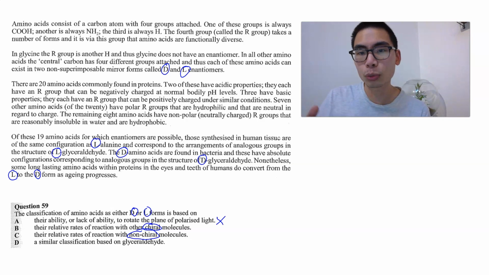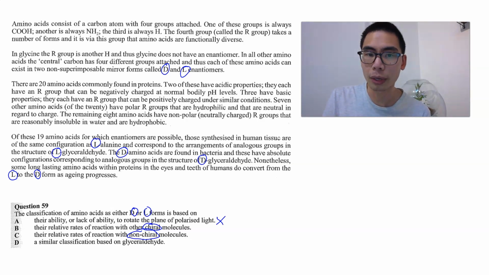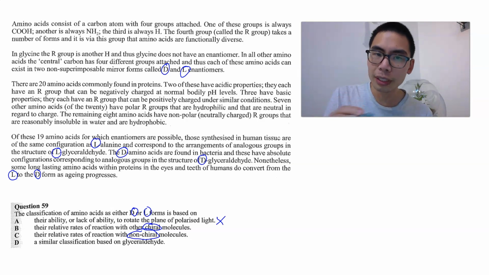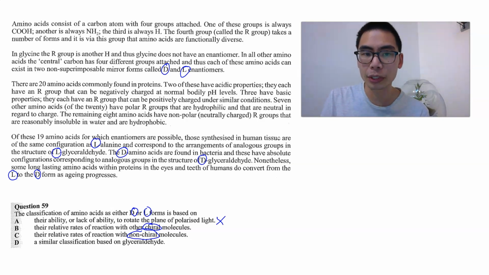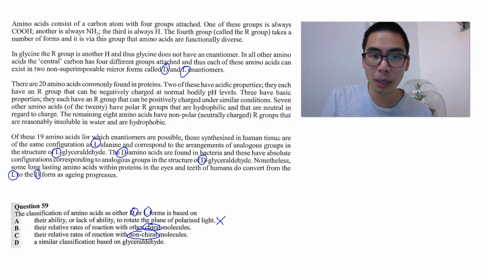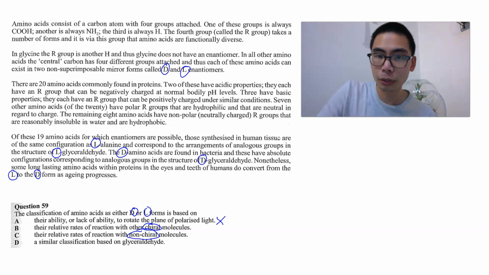So this relies on you having a bit of assumed knowledge to recognize that that's talking about chirality. Okay, so there is some evidence that chirality is being mentioned. However, the key thing is, and you can have a look at the text above, there is no mention about relative rates. What they're trying to talk about here is the speed of reaction of one versus another. There is no mention about this. So for that reason, it's probably not going to be B or C too.